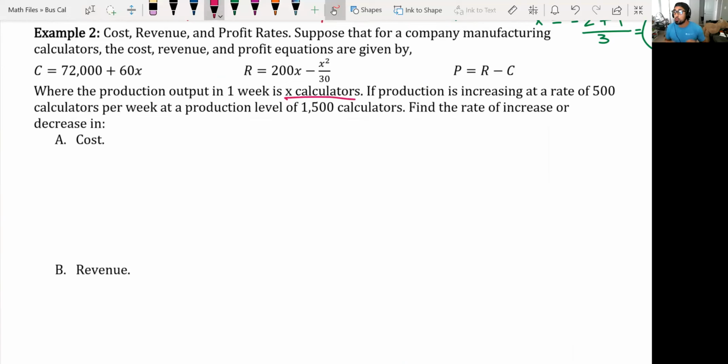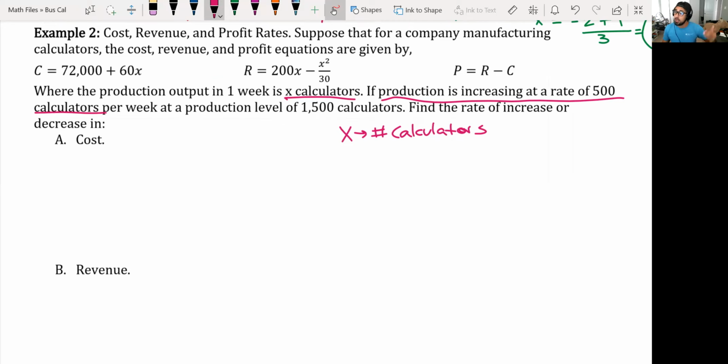Okay, so some things we have to pick out from this problem are the words. First is that x represents the number of calculators. So let's write that down. x is the number of calculators. And then the next thing they say is that production is increasing at a rate of 500 calculators per week. Well, this class is all about derivatives, right?